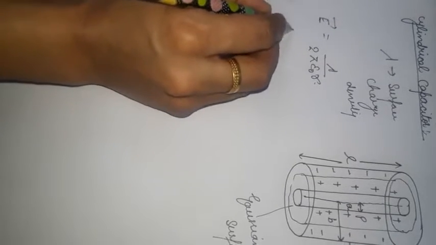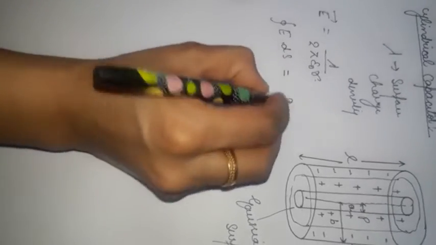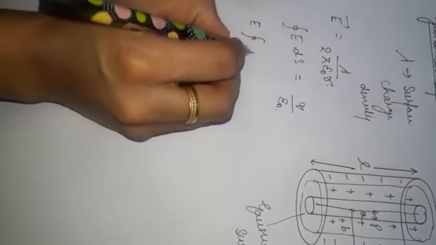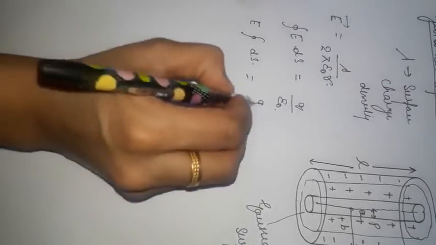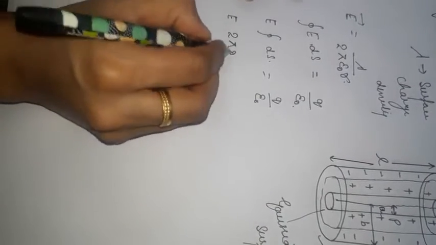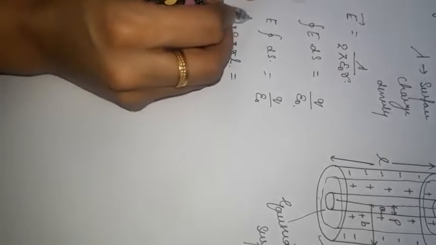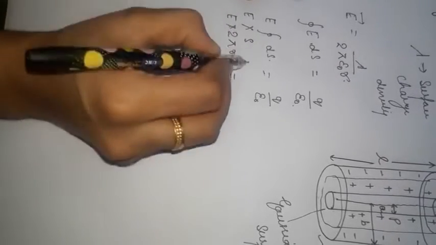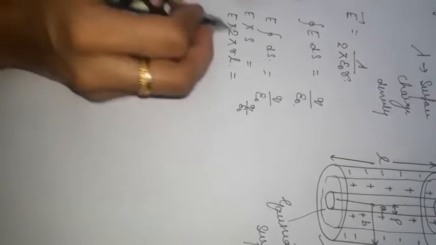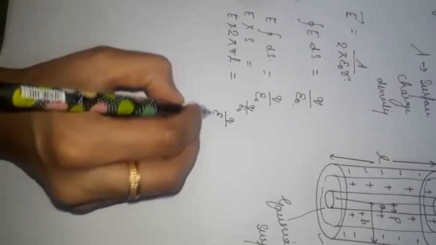As we know, by Gauss's theorem, closed integral E dot dS equals q over epsilon naught. The surface area of the cylinder is 2 pi r L, so we integrate this and find E times 2 pi r L equals q over epsilon naught.